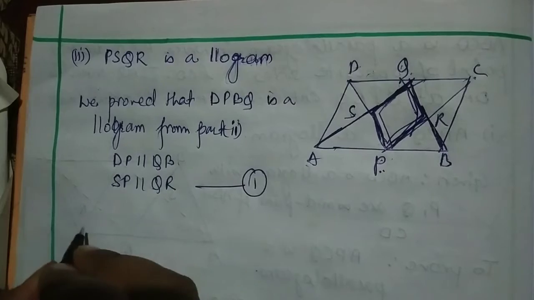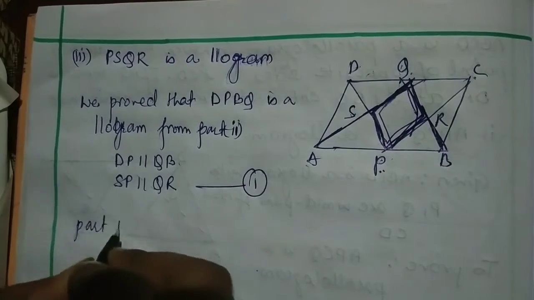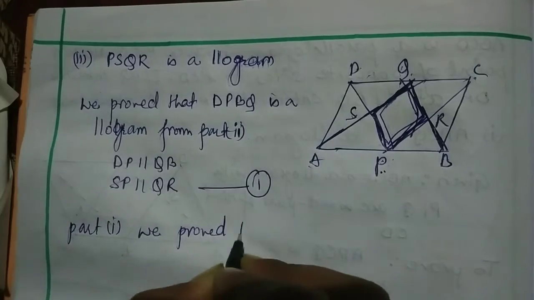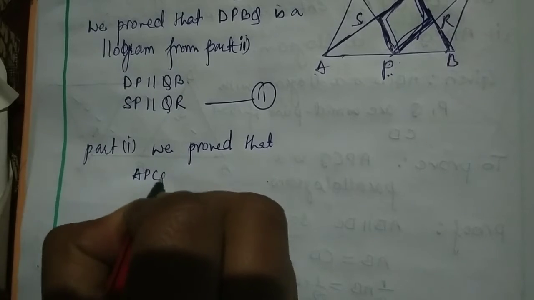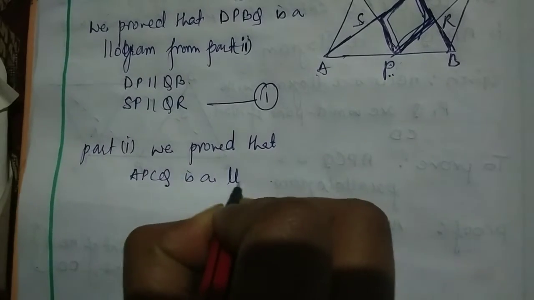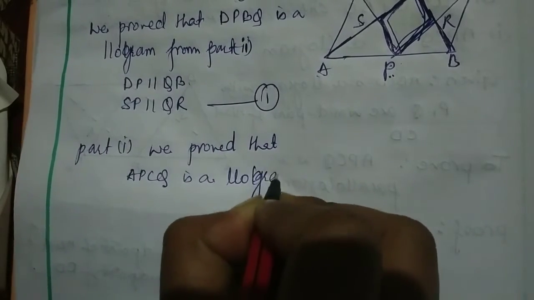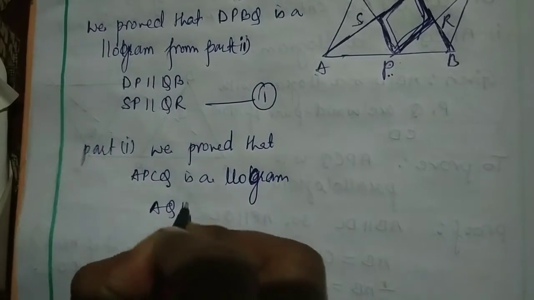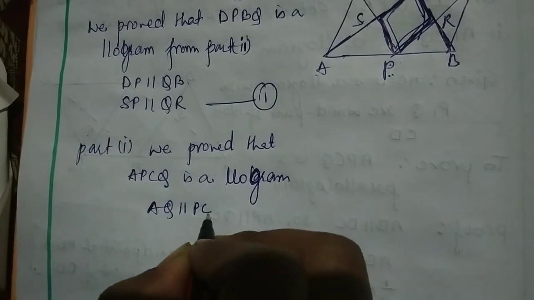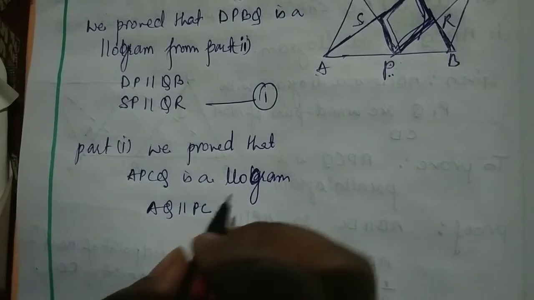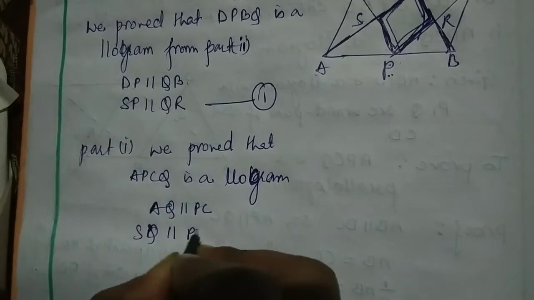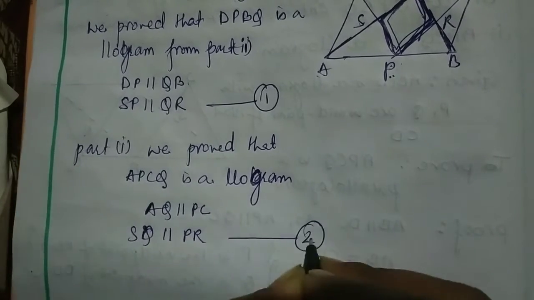And in part 1 we proved that APCQ is a parallelogram. So AQ is parallel to PC, as opposite sides of the parallelogram are parallel, and SQ is parallel to PR. This is equation 2.